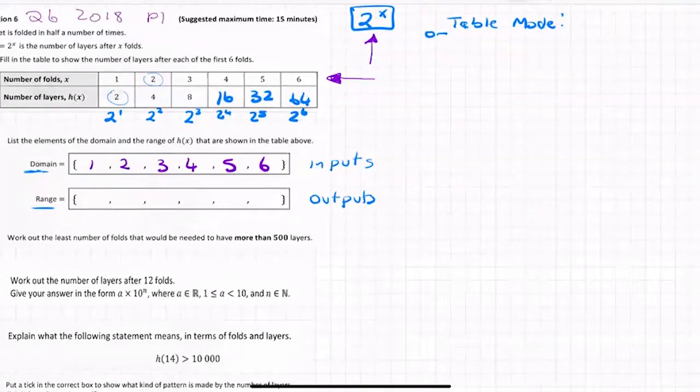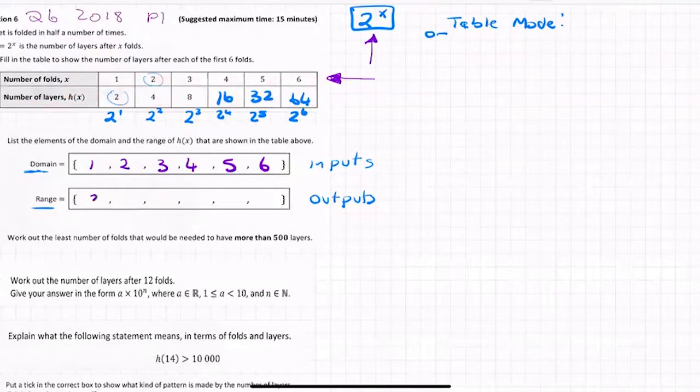And in the same way then, your range is a fancy word for your outputs. Aren't these ones here my outputs? Because this function gives me the number of layers. And h of x, when I replace x with each of these values, is giving me the number of layers after so many folds.